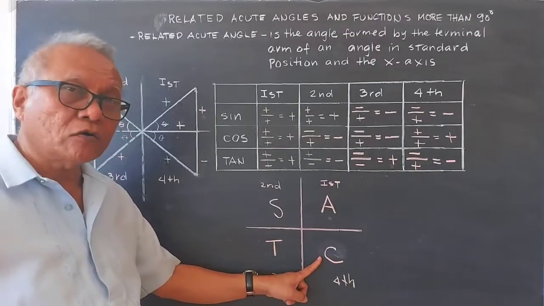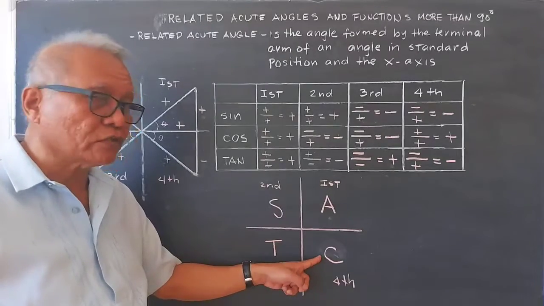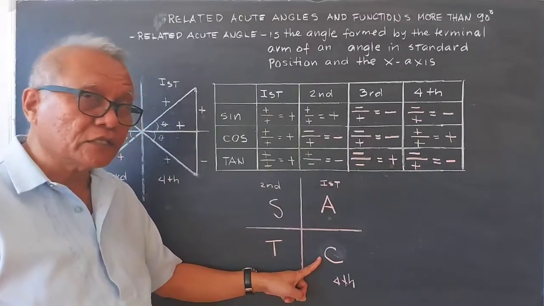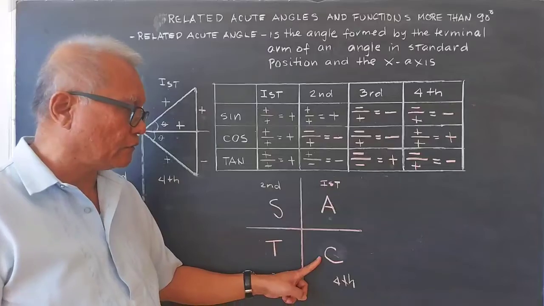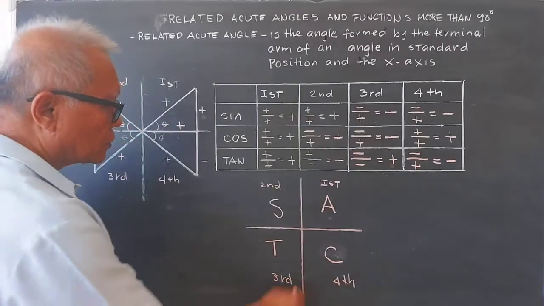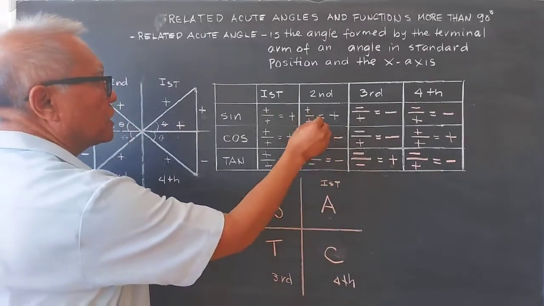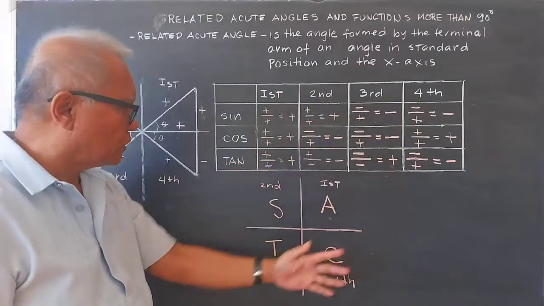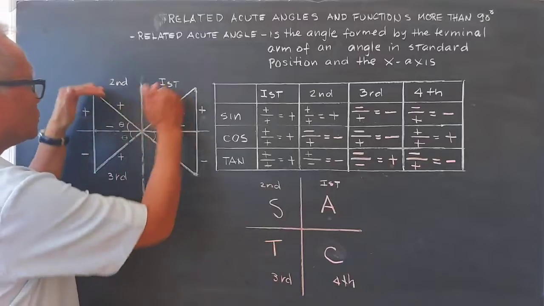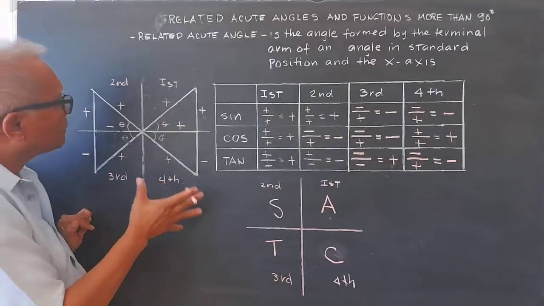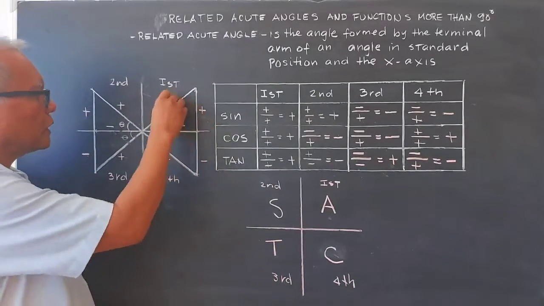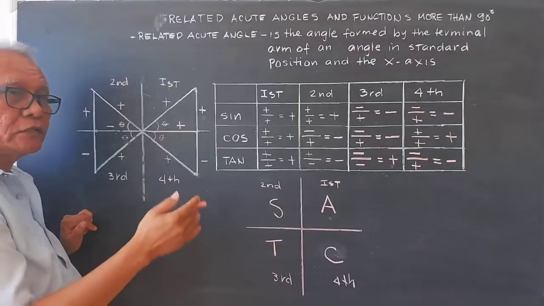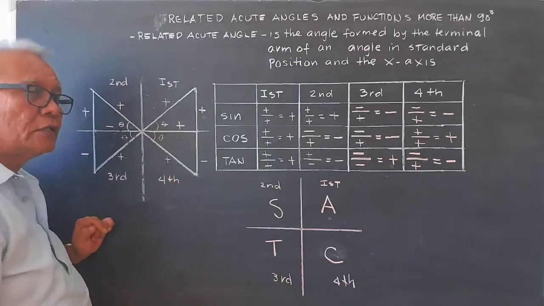And in the fourth, only the cosine function is positive, and the sine and the tangent are negative. So this is easier to remember than using our table. You don't memorize a table. If you don't want a table, or this one, then you can draw a butterfly diagram, put plus signs, and then use your sine, cosine, tangent, okay?